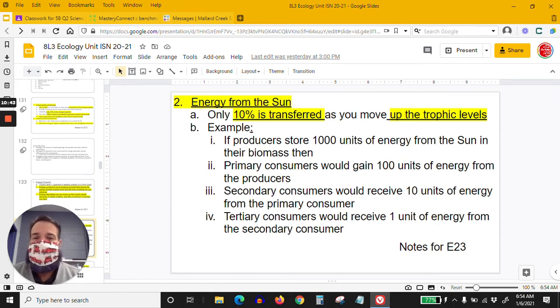It only gains 10 units of energy from the grasshopper. So it's 10% of 10%. And a tertiary consumer would only receive 1 unit of energy from eating the rat. So as you go up the trophic levels, there's less and less energy available.